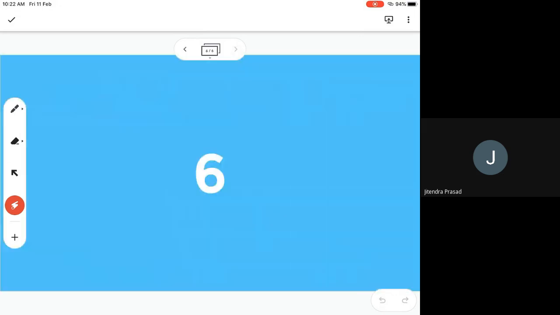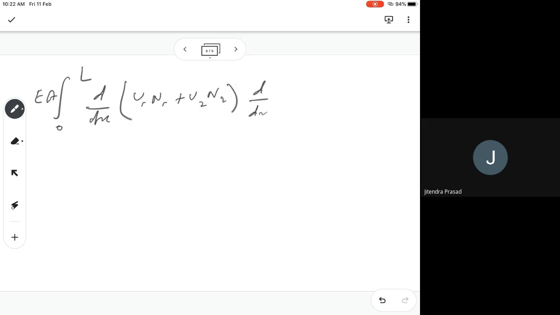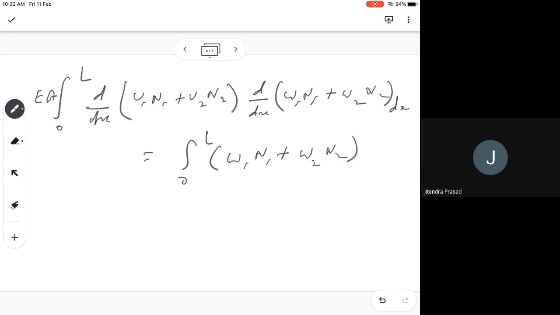Now we will put the value of U and W. So we get integral 0 to L, you can take EA outside because they are constant. Then we have d over dx of u1 N1 plus u2 N2, so this is u, then we have w also, d over dx of W1 N1 plus W2 N2, dx, equal to integral 0 to L. Then we have W here, so W1 N1 plus W2 N2 multiplied by B naught.